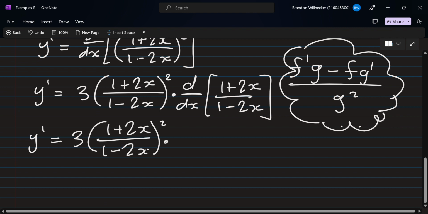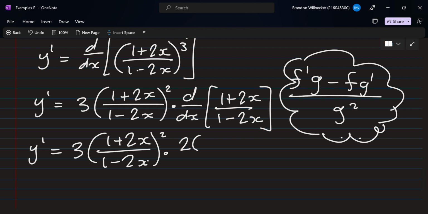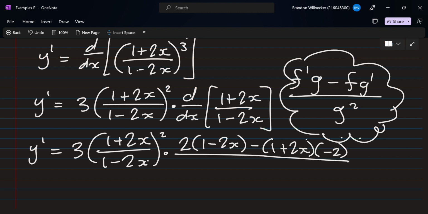So f prime, the derivative of the top, is just going to be a 2. Then g is 1 minus 2x, minus f, which is 1 plus 2x, times g prime, which is minus 2, all over g squared, so that's (1 minus 2x) squared.